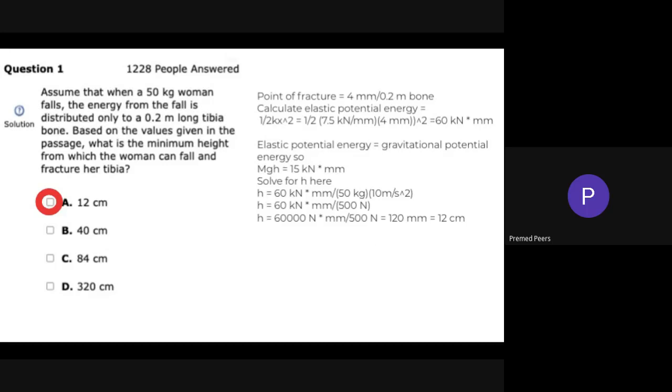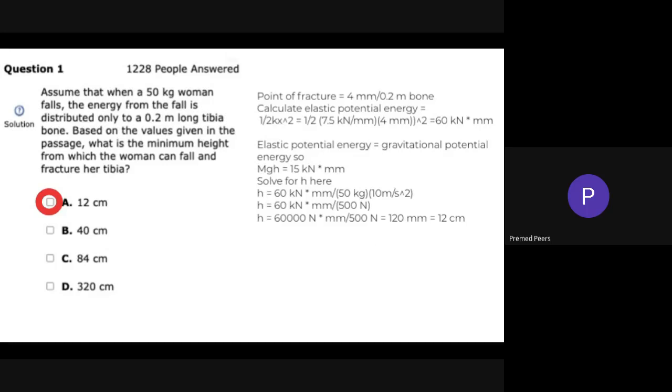So you calculate your elastic potential energy as 1/2 kx squared. Sorry, so the first point was relevant because the question asks what height can cause a fracture of her tibia. So the point of fracture, which means anything before won't cause a fracture and anything at that exact point will be the minimum point of fracture. So that's where you get your 4 millimeters.